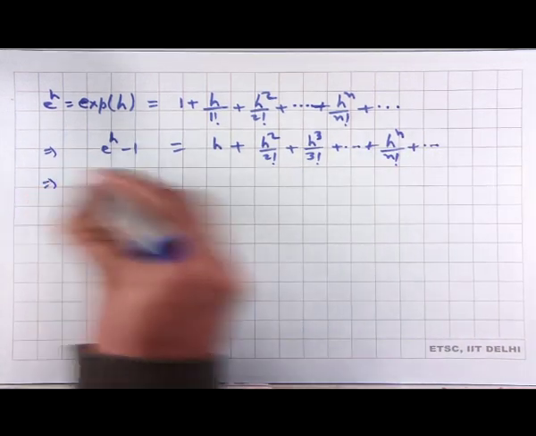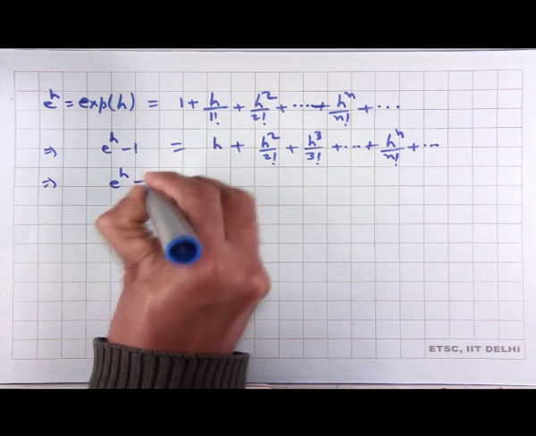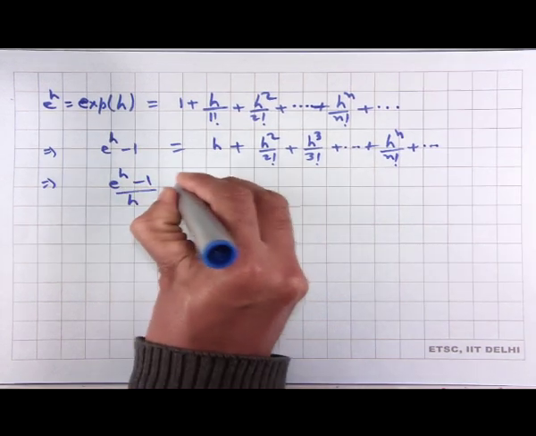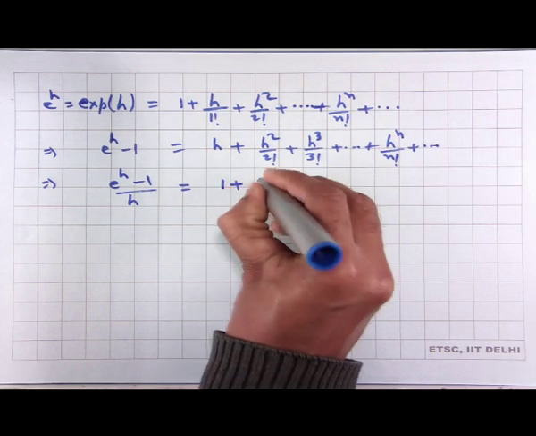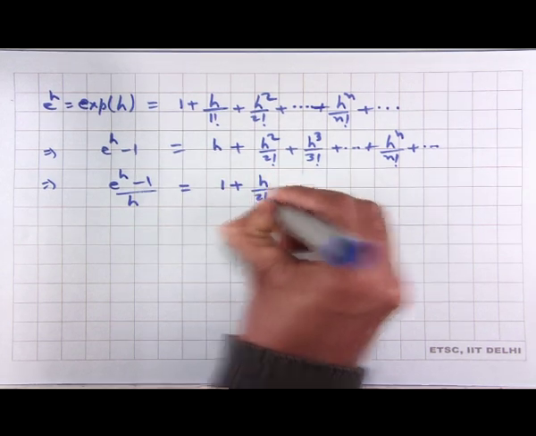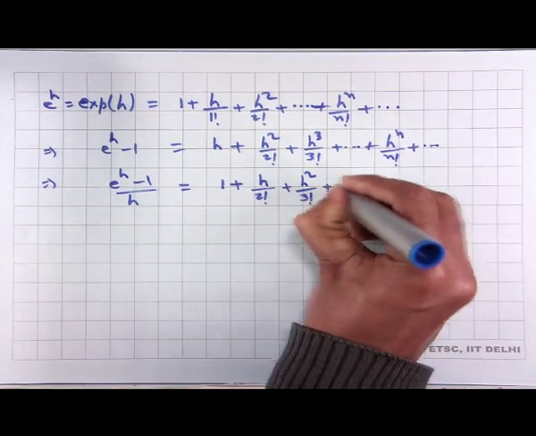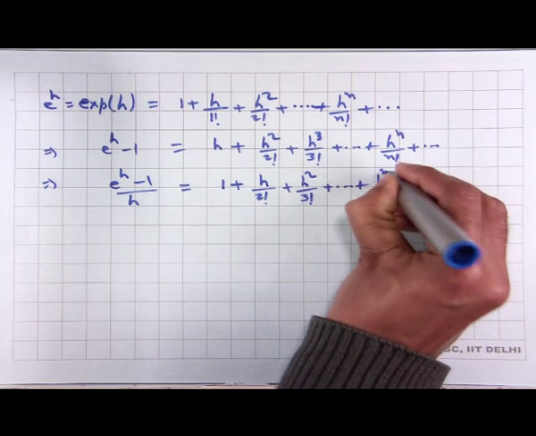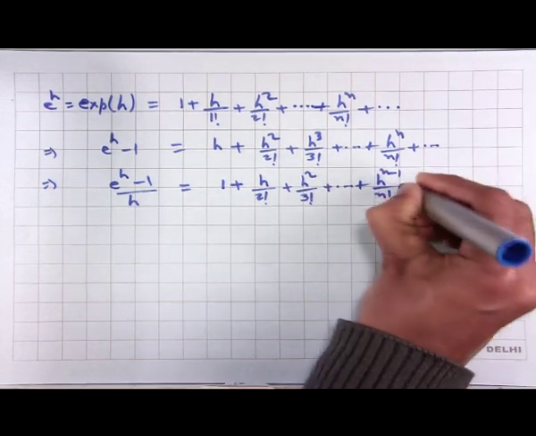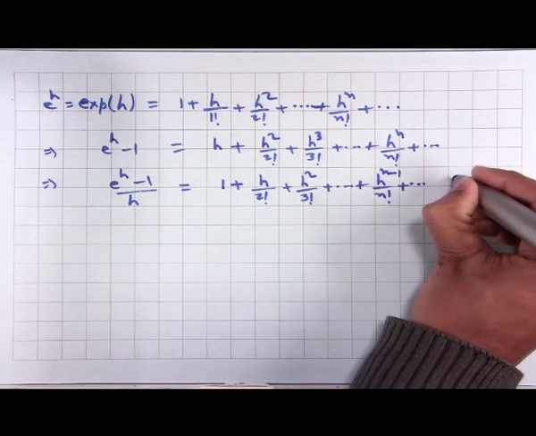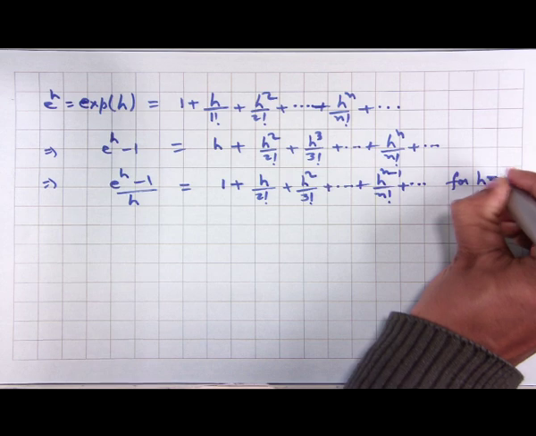This implies that (e to the h minus 1) over h is equal to 1 plus h by factorial 2 plus h square by factorial 3, up to h to the n minus 1 by factorial n, and so on, for any non-zero h.